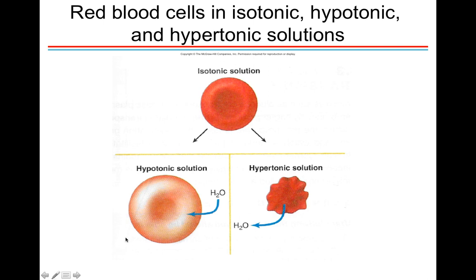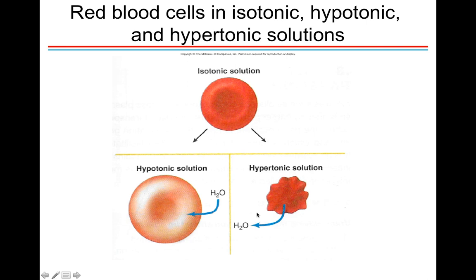If you were to take a red blood cell and put it in a hypotonic solution, where there's more solute inside the red blood cell than inside the solution, what's going to happen is that water is going to flow into the red blood cell, into those aquaporins, and basically it's going to swell and enlarge, and eventually it can break open. It's called lysis. It can break open and the red blood cell will be dead.